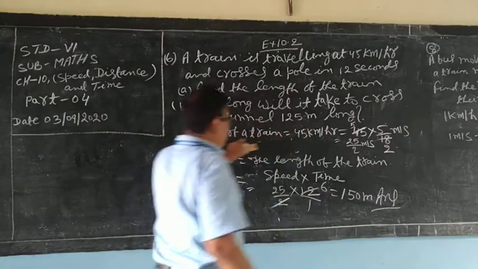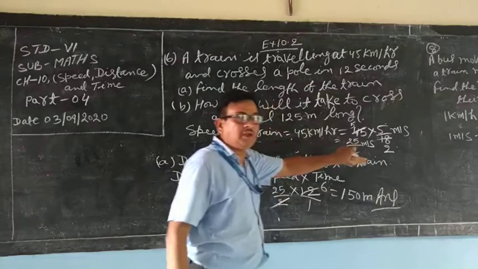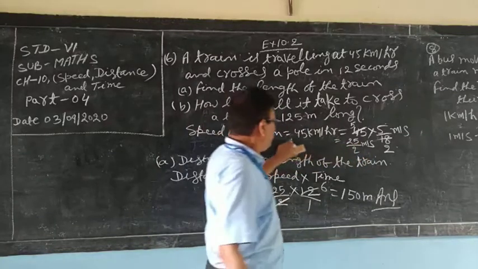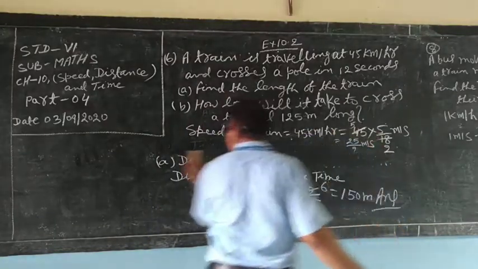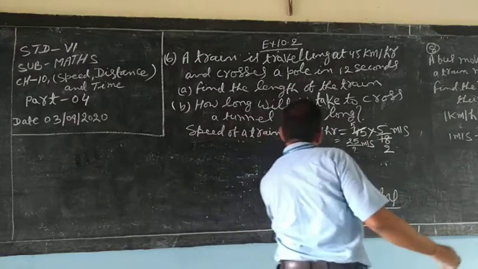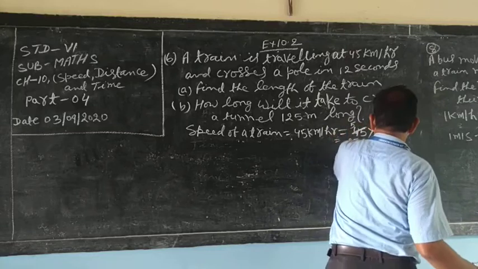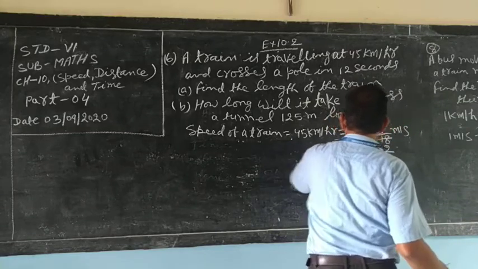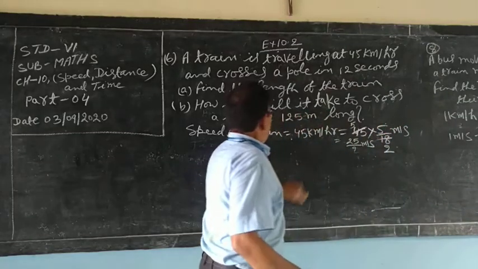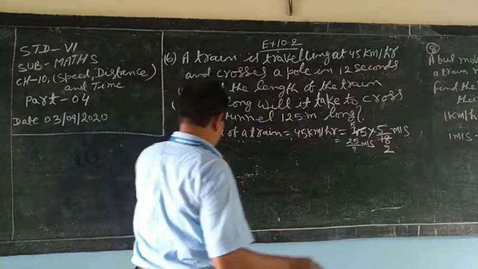Now the second part of this answer. The speed of the train is the same, 25 by 2 meter per second. It is not going to change. But what is the second part B telling? How long, total distance.